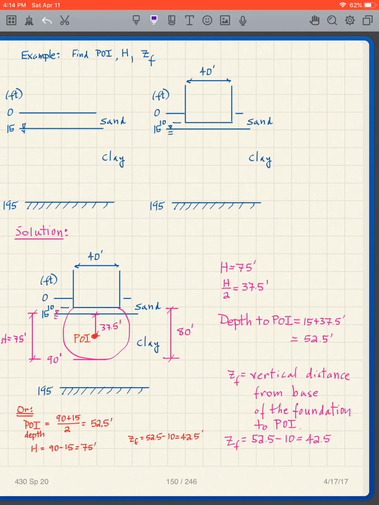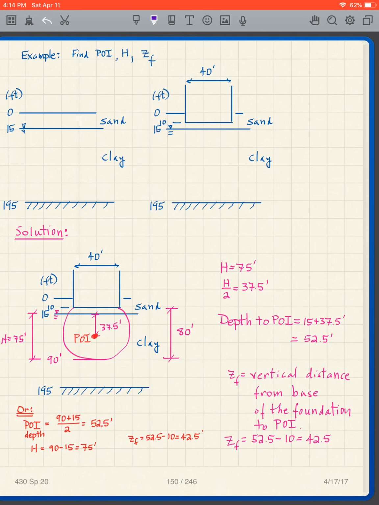That means what? Remember the H means what? This is the region that the clay is going to get compressed. Notice that this is a very deep clay layer. See, 195, and you know, our basement depth is 10 feet. So it's a very deep clay. So that's why we have to do this. We don't have shallow clay.